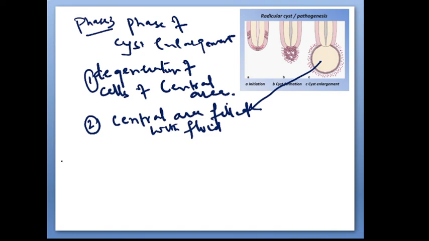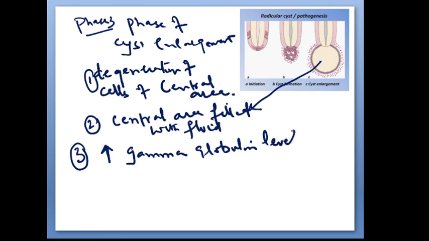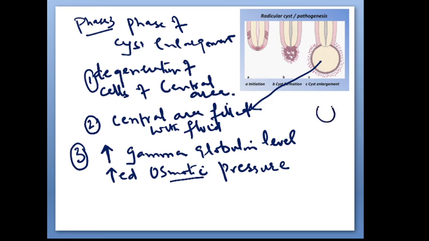Number three, this fluid contains a high gamma globulin level. As a result, there is increased osmotic pressure, which further leads to increased absorption of fluid and hence enlargement of the cavity. The cavity continuously grows in size.